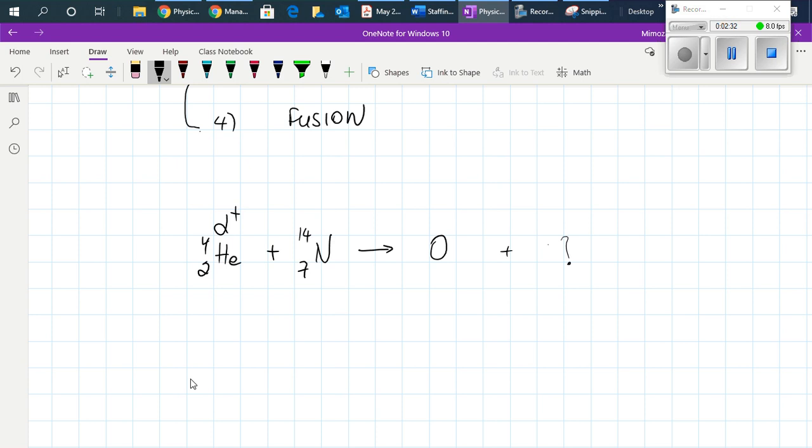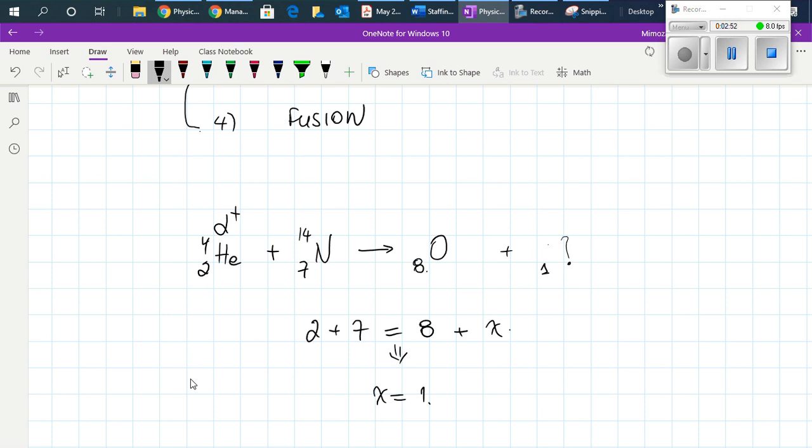Let's figure out what that something else is. Oxygen is in the 8th place, so 2 plus 7 is equal to 8 plus x. From here, x will be equal to 1.